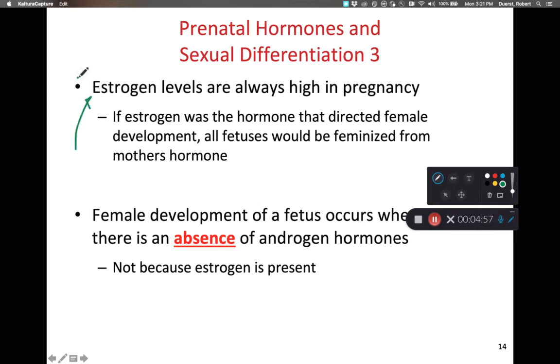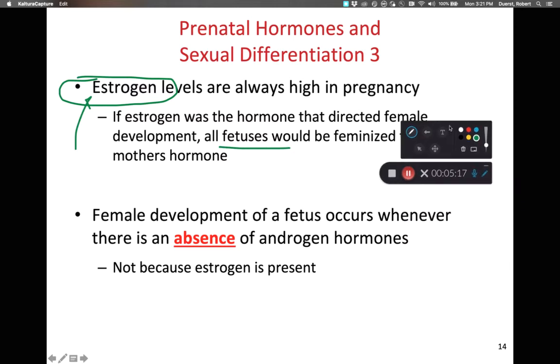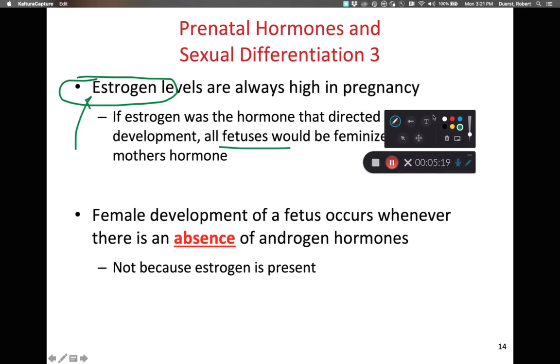As we look at estrogen, all children, all fetuses, whether male or female or something in between, are going to be exposed to a lot of estrogen in utero because mom is pumping out tons of estrogen during the pregnancy process. And because we don't have all fetuses being feminized by mom's estrogen, we know that estrogen doesn't actually cause the development of the female processes.